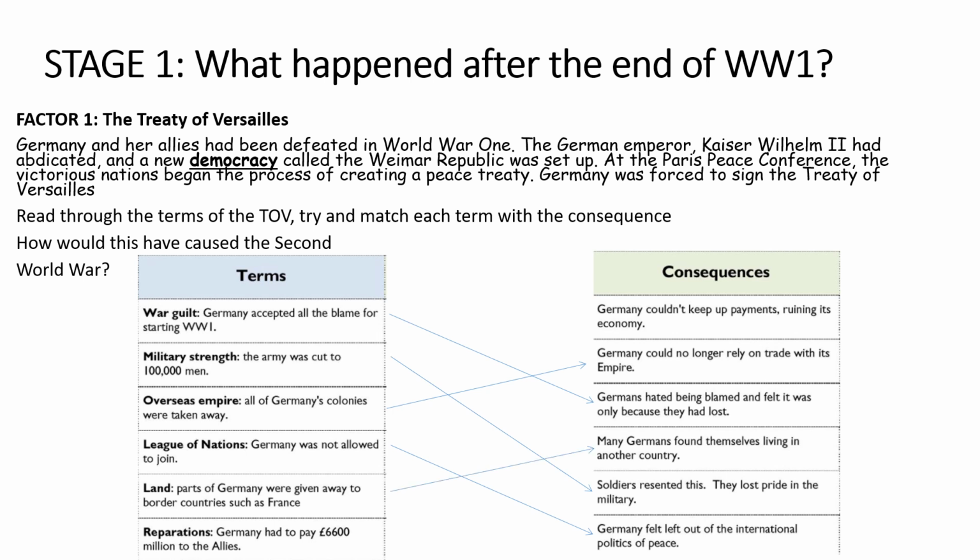Then we've got land. Parts of Germany were given away to border countries such as France. This goes with many Germans found themselves living in another country. Okay, so many parts of Germany on the border with France were actually taken from Germany and given to other countries such as France. So there were many Germans living in this area who were then told that they weren't in Germany anymore and they were actually in France.